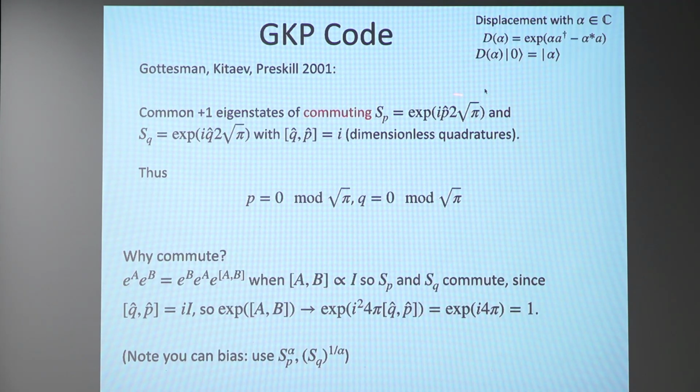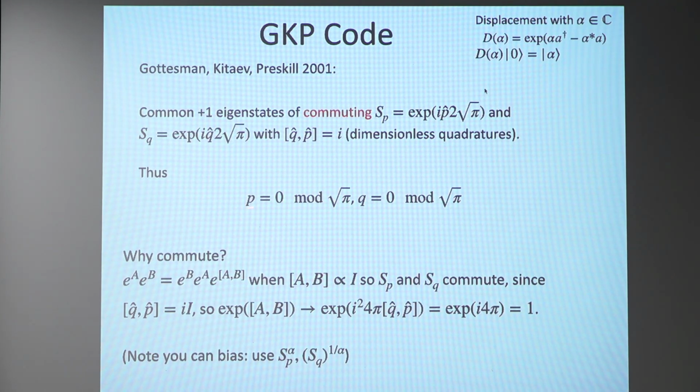So this has to be a phase which is 0 mod 2 pi for every value of p, which means that p needs to be 0 mod square root of pi, right? Because then if I multiply with the square root of pi, I get 2 pi here. And the same for q. If this has to have eigenvalue 1, that means that q is 0 mod square root of pi.